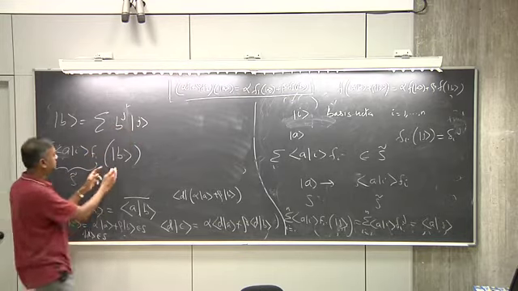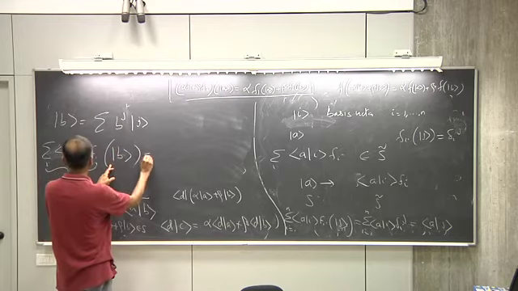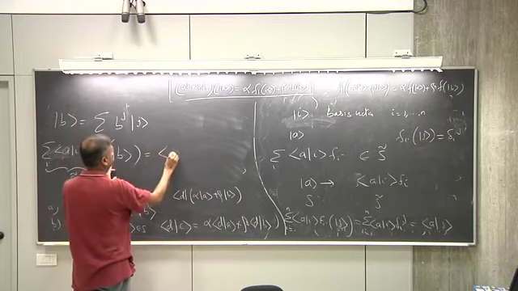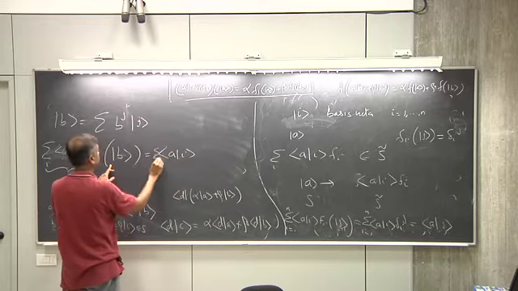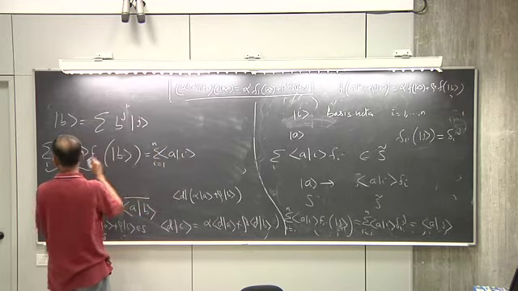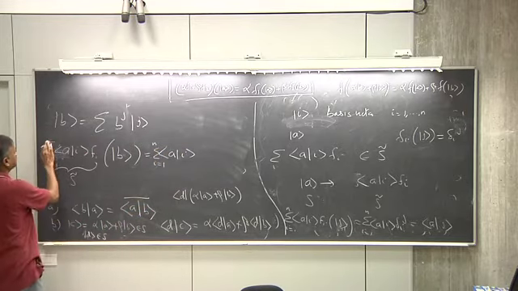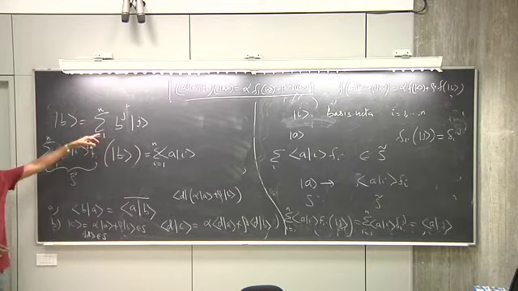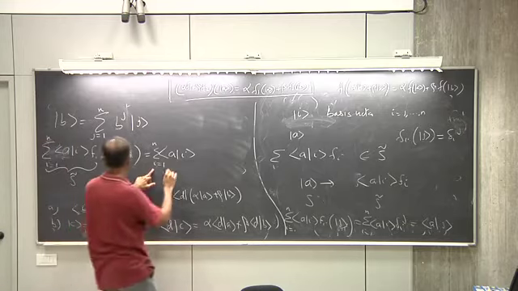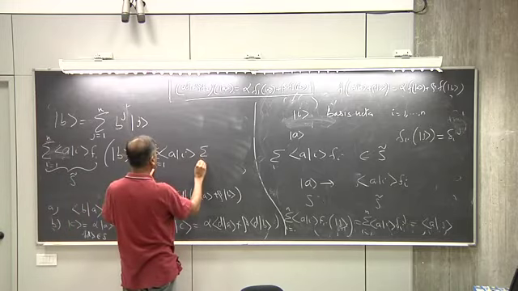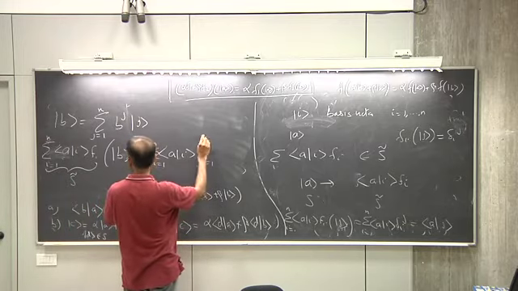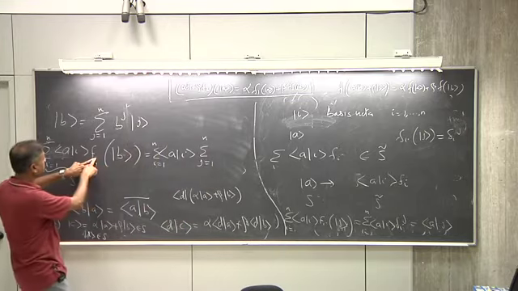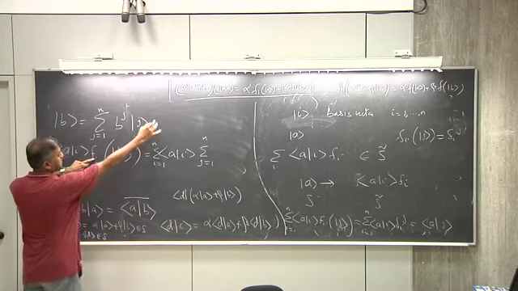Then using the linearity property, this is the same as the sum over i equal to 1 to n of A_i. I sometimes forget to write the range, but the range is always 1 to n. This times the sum over j equal to 1 to n, and I now use linearity.